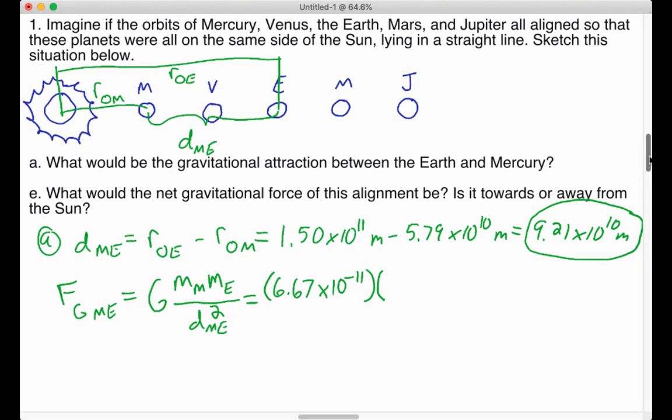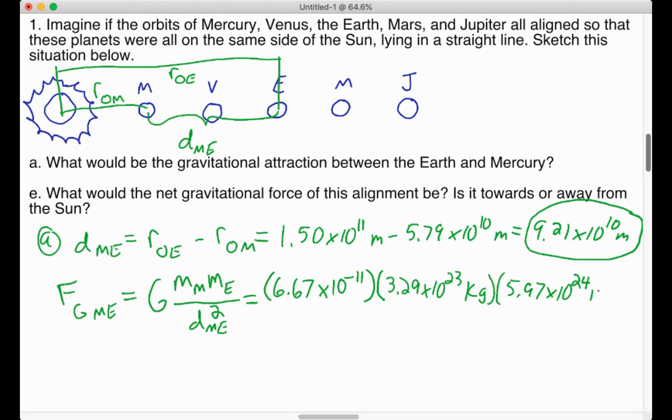The mass of Mercury is 3.29 times 10 to the 23rd kilograms, times the mass of the Earth, 5.97 times 10 to the 24th. So yeah, the Earth is much more massive than Mercury.